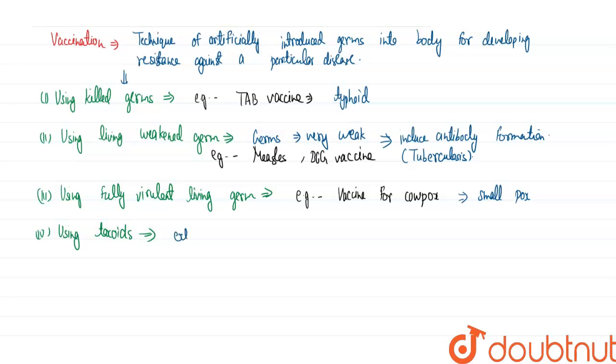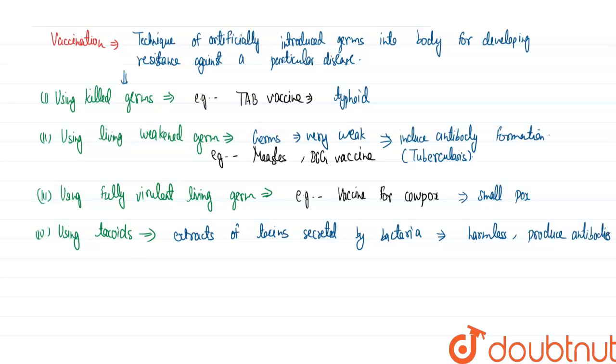These are extracts of the toxins secreted by the bacteria. These poisons are harmless to human beings, but they have the capacity to produce antibodies. They can kill the bacteria, but they are harmless to the human being.